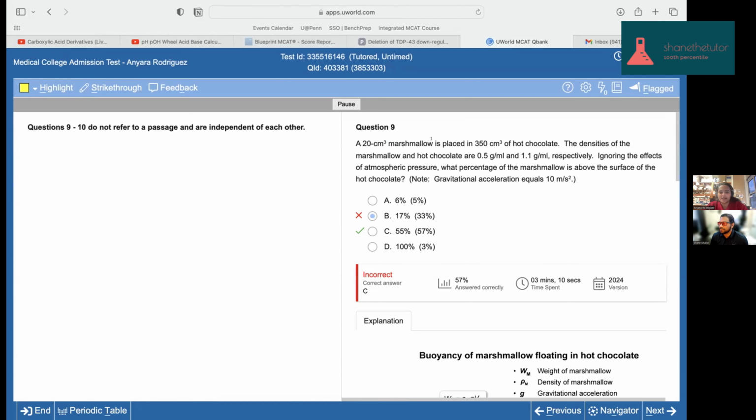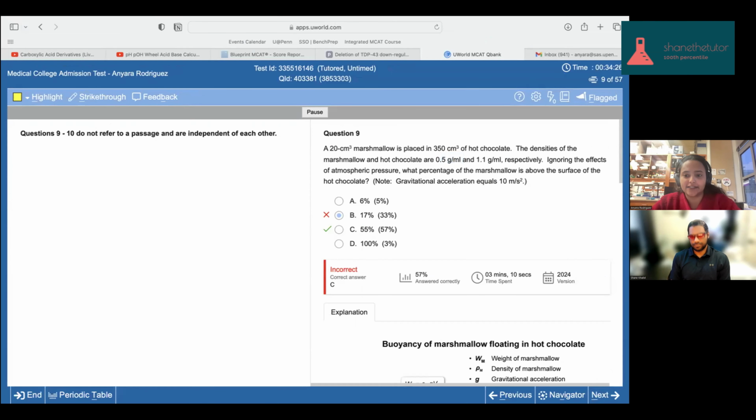So they're giving me the volume of the marshmallow and the volume of the hot chocolate, and their respective densities. And they want me to know what percentage of the marshmallow is above the hot chocolate. And of course, gravity, and I should ignore atmospheric pressure.